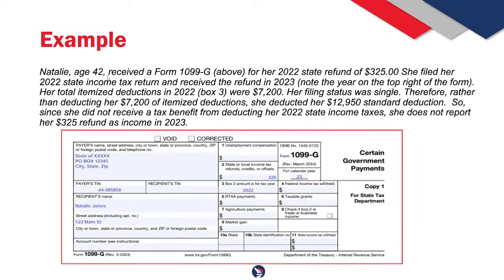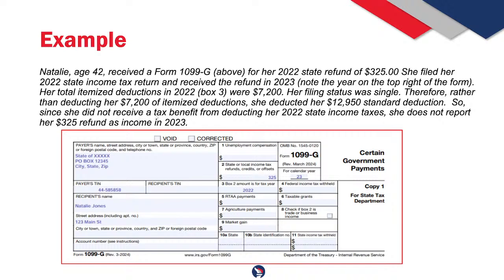So Natalie's 42, got a 1099-G for her 2022 state refund of $325. She filed her 2022 state income tax return and received a refund. Total itemized deductions were $7,200. Filing status was single. Therefore, rather than deducting $7,200 of itemized deductions, she deducted her $12,950 standard deduction for the 2022 year.